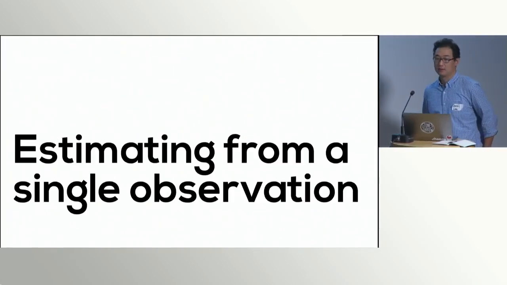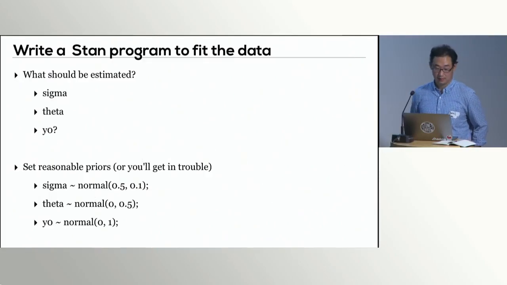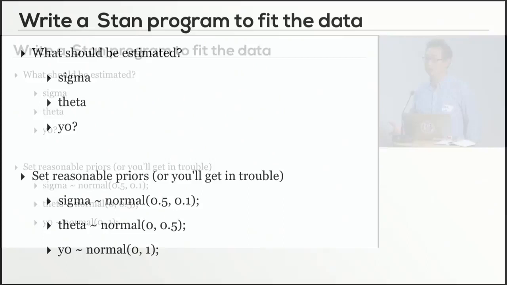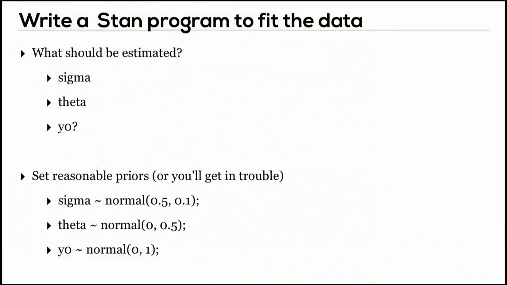Okay, so we'll get into estimating from a single observation, right? We're now going to write a Stan program to fit the data. So what should be estimated? There's a sigma, the noise term that we used. You may or may not want to estimate that. There's this theta variable inside the ODE that we're actually interested in, and possibly fitting, so that we estimate the initial conditions. We can do that.